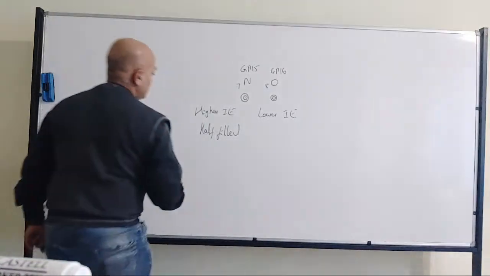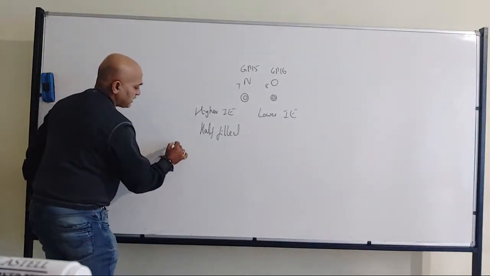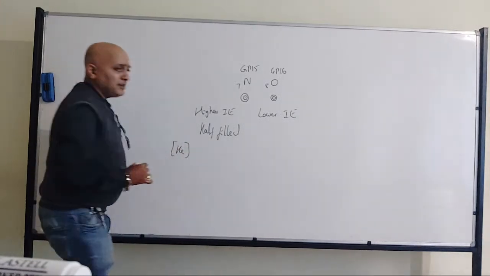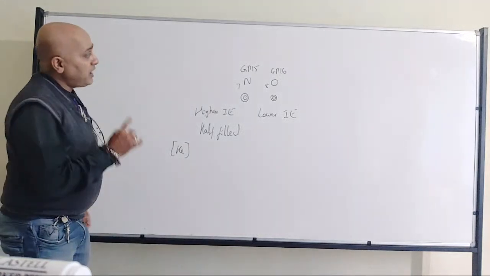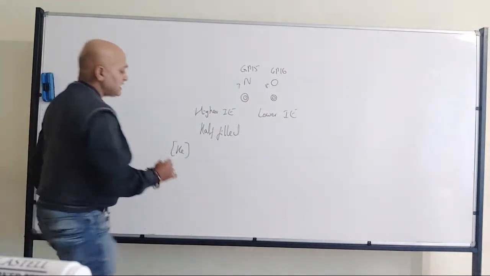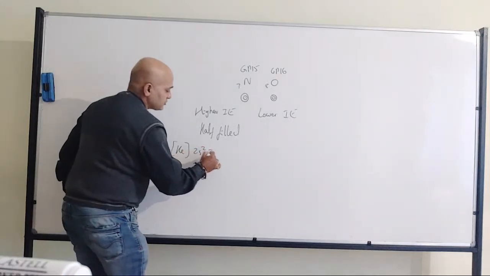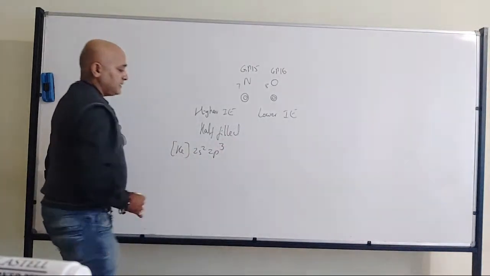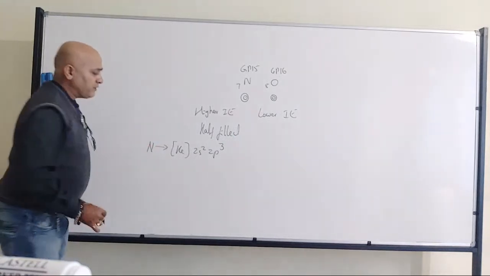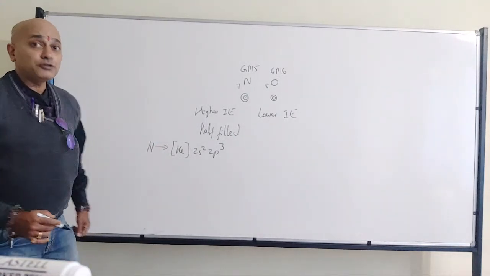If you write the electronic configuration for nitrogen, that is helium, so helium is 1s2. Still we have to go with 5 electrons, right? Because the total is 7. So that means 2s2, 2p3. That is the electronic configuration for nitrogen.